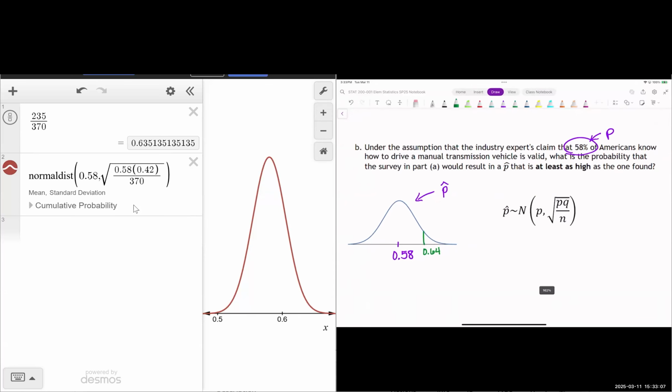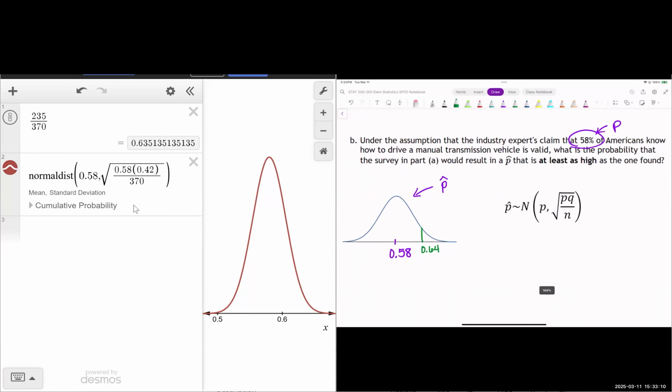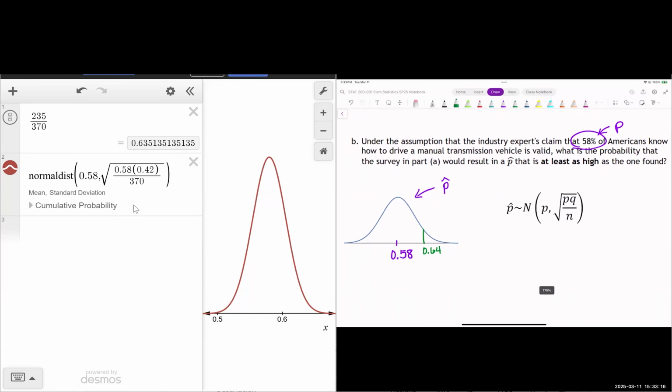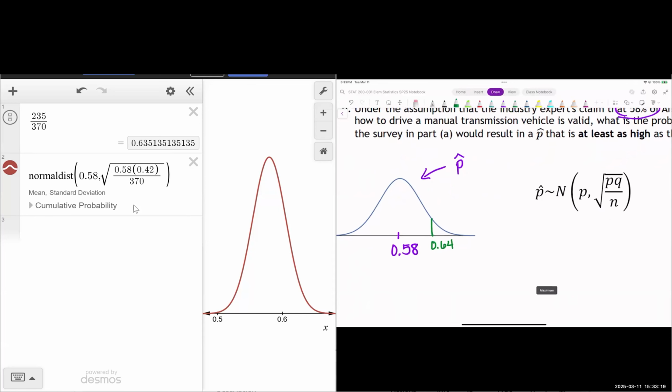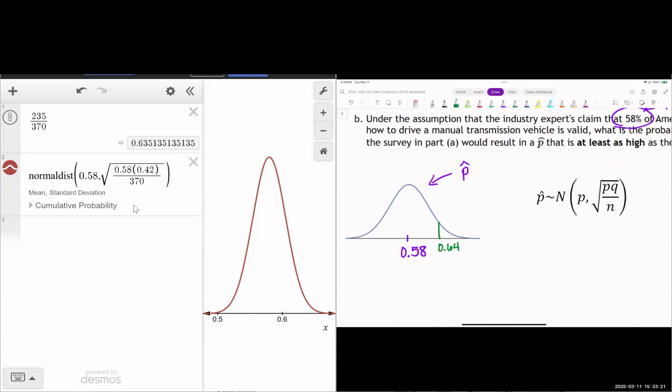We want to find the probability under the assumptions about the underlying population proportion p that our p hat would be at least as high as the one that was found in part A. So at least as high means that high or a larger value. And so this area is what we're looking for. That is the probability that our p hat is greater than or equal to 235 over 370.